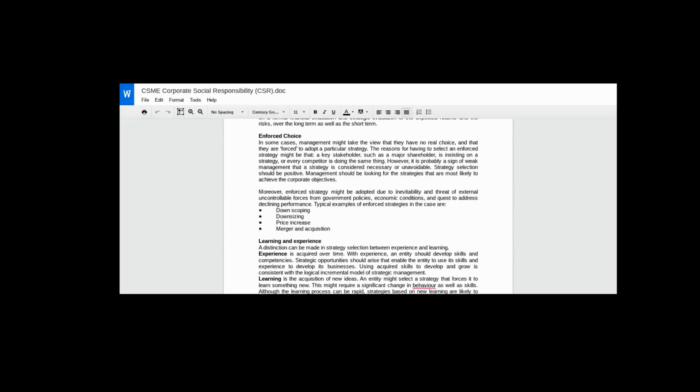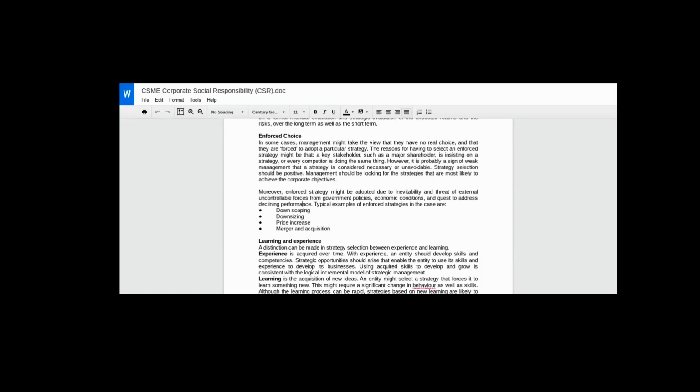When the government policy is harsh, is not favorable, or put us in a situation, in a very tight corner that we have to take some drastic decision, or the economic situation that we are in Nigeria presently now, which is a harsh economic situation, and we are experiencing hyperinflation. This might make the company to make some enforced choice of strategy.